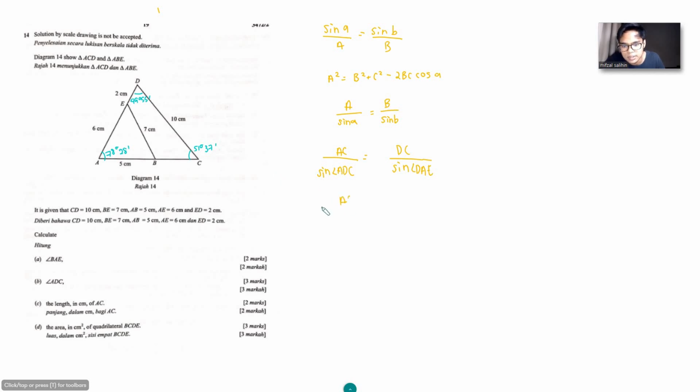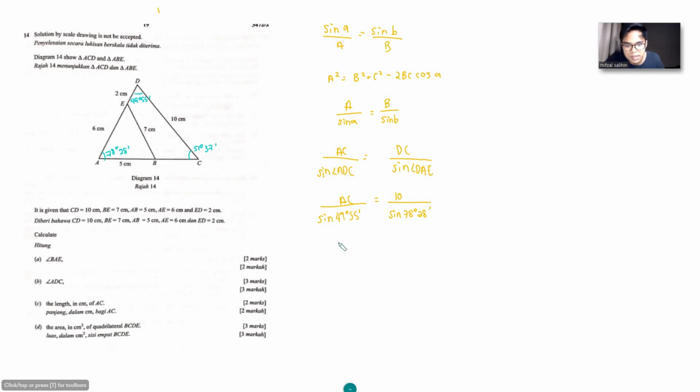So AC over sine ADC. So sine ADC is sine 49 degrees 55 minutes is equivalent to DC, which is 10 cm, over sine DAE. Sine DAE is 78 degrees 28 minutes.